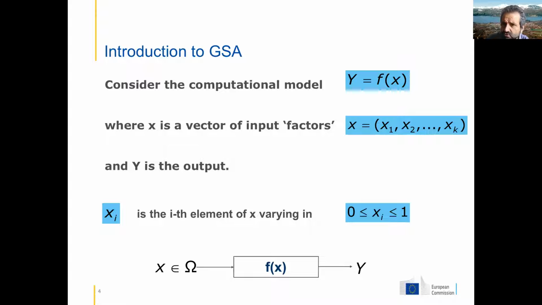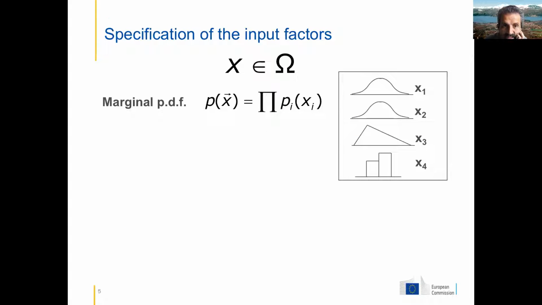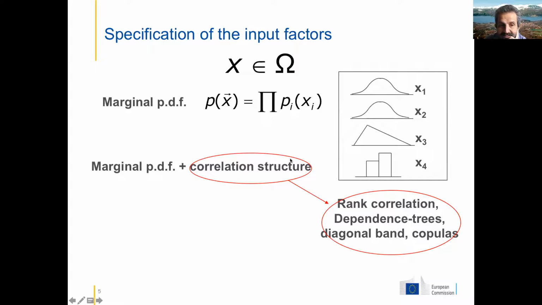The idea is to do so in a global way, in the sense that you want to really propagate the entire uncertainty distribution in the input into a distribution in the output, and then infer the drivers of the behavior of the output. You can elicit any kind of prior or distribution for the factors, continuous or even discrete.